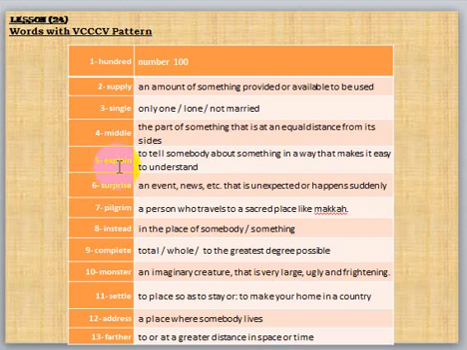Okay, number 5, explain. Explain means to tell somebody about something in a way that makes it easy to understand. For example, if your teacher teaches you a lesson and you don't understand it, you will raise your hand and tell him what?